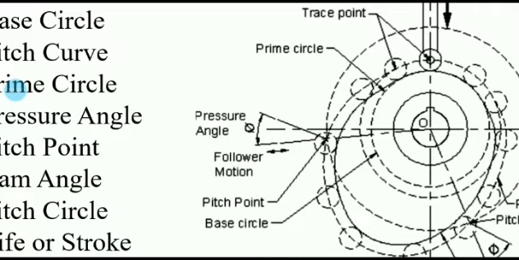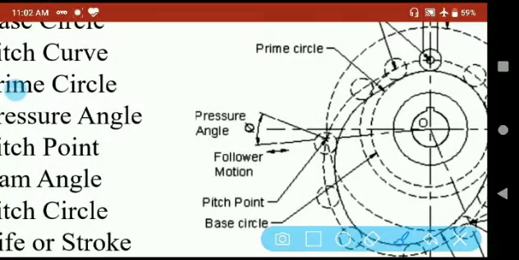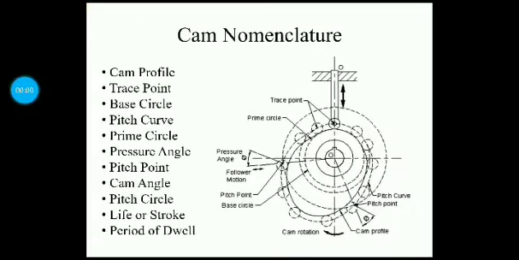That is, in this figure, it is indicated at this particular location. You can see it is the angle between the direction of follower motion and the normal of the pitch curve at that particular moment. So that is the pressure angle.